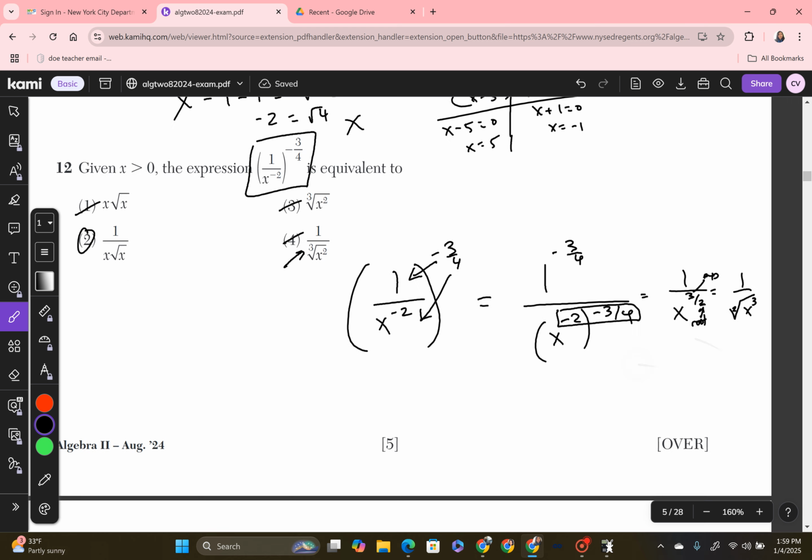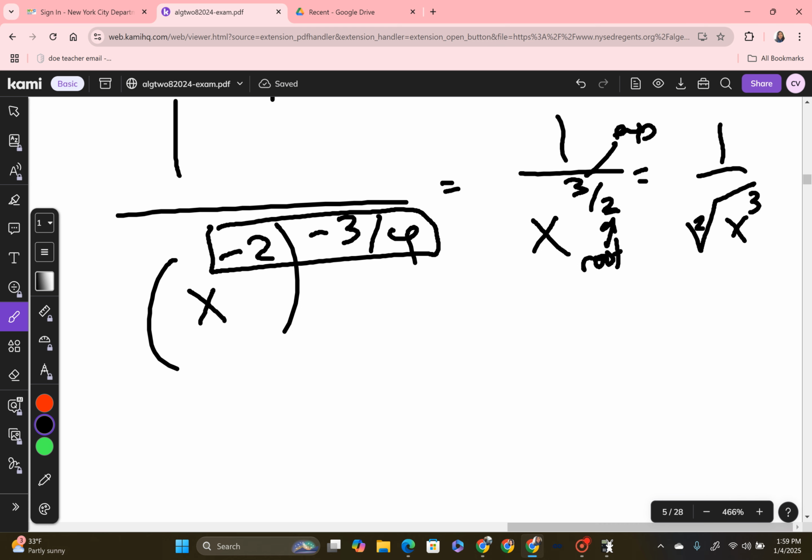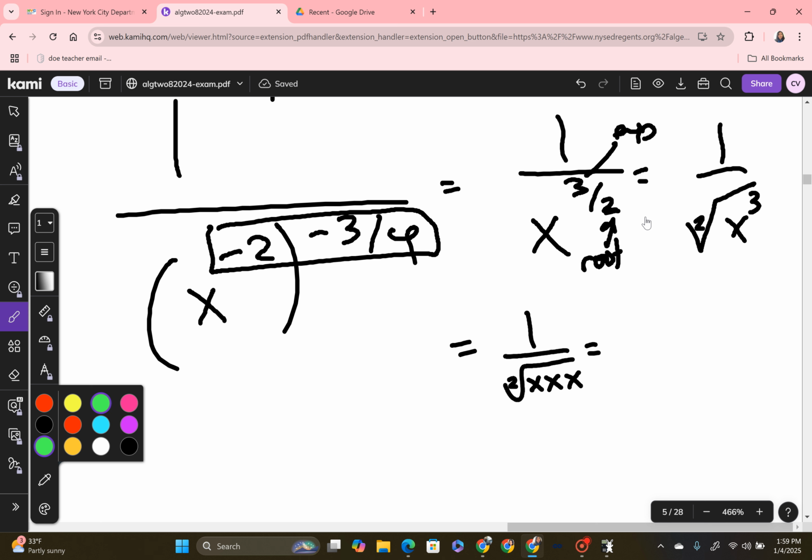But let me just show you, in case this is not multiple choice, how you do this properly, okay? So we have 1 over the square root of x to the 3rd, which is 3 x's. So there's an imaginary 2 right here, okay? So what does that mean? That means that we're looking for groups of 2, right? Do we see this group of 2 right here? There's one group of 2 that comes out.